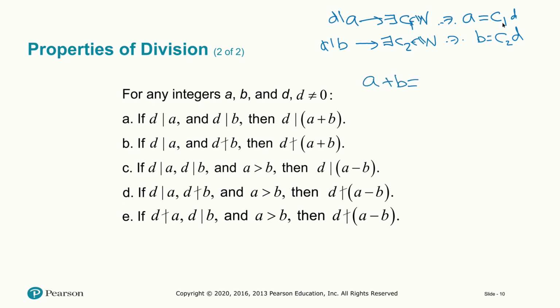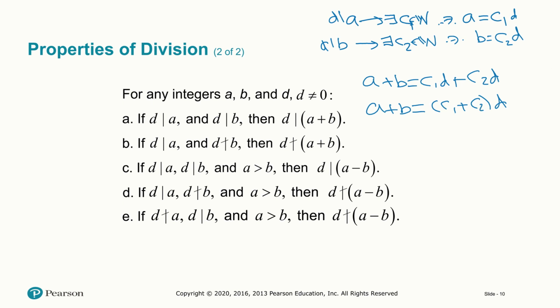Remember, A is going to be that first constant times D, so C1D. And B is going to be that second constant times D, right? So now, watch what happens. If we factor out the D, we get A plus B equals C1 plus C2 times D. But remember, C1 was just some constant, C2 was some constant whole number.